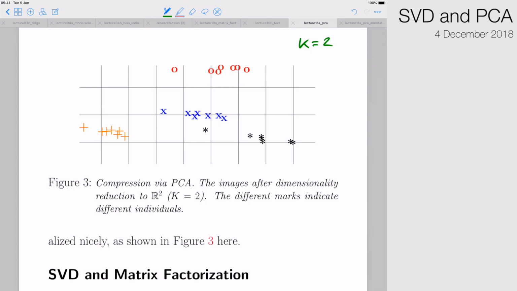And you actually do. So this is actually quite surprising. This is really the same data set. And what you see here is that these are photos of the same color, means the same person. So they are photos of the same person.